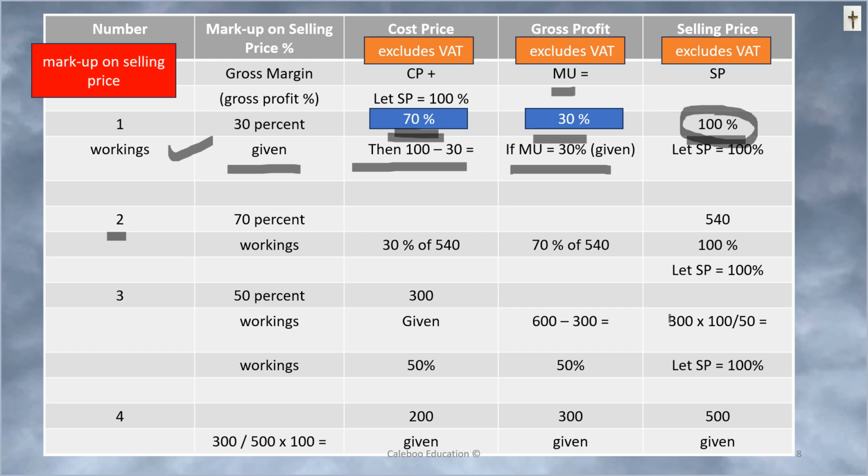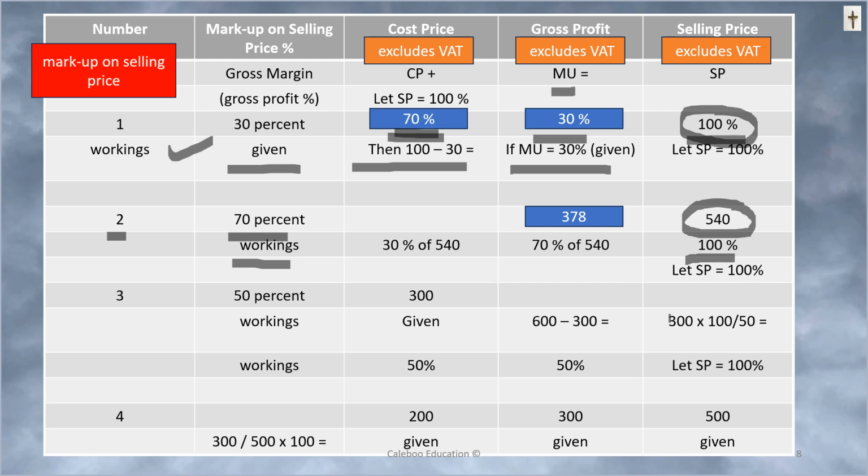Number 2, we're given the markup on the selling price is 70%. We're given an actual number, 540. 540 is 100% of the number.